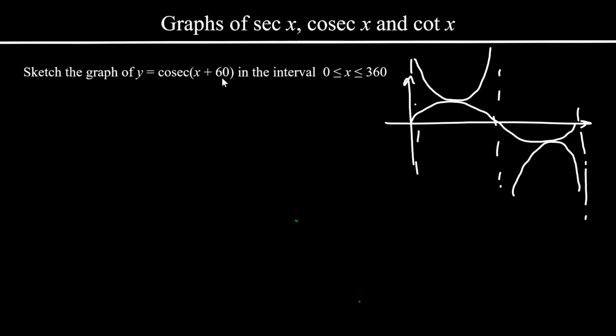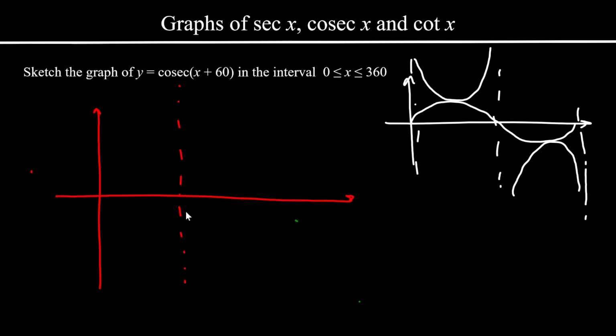And then we're shifting it 60 to the left. So our asymptotes are going to move 60 to the left as well. The first one is going to move to negative 60. The one that was at 180 is going to move to 120. The one that was at 360 is now going to be at 300.